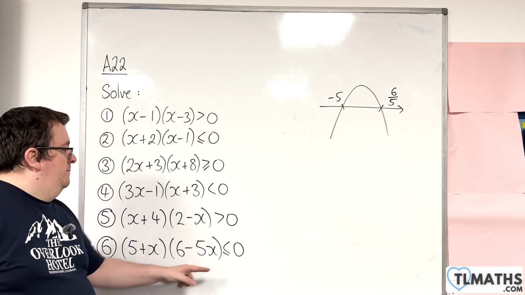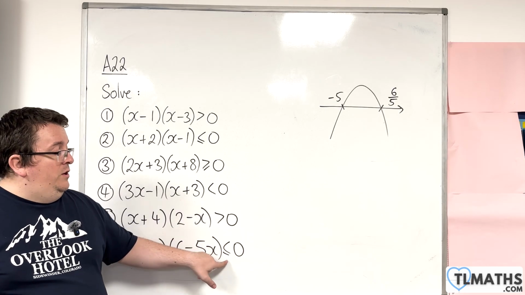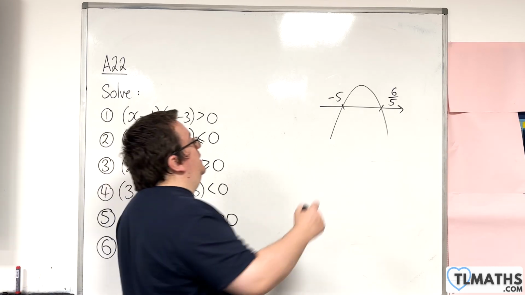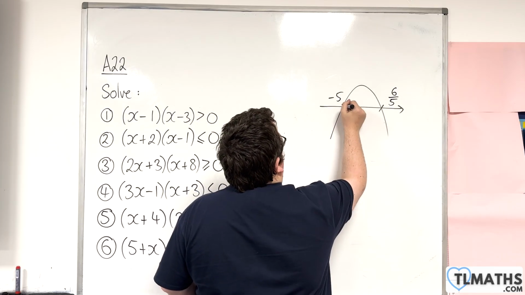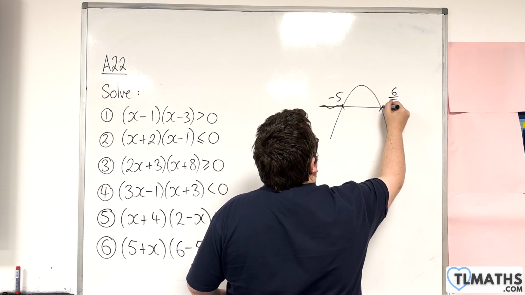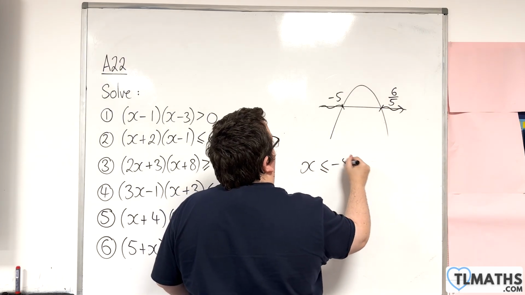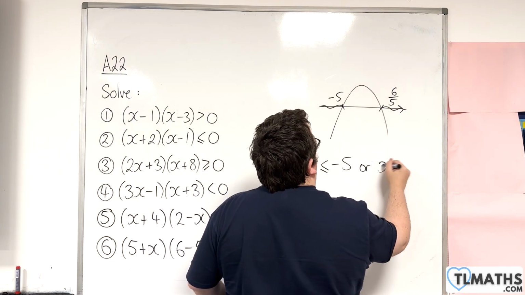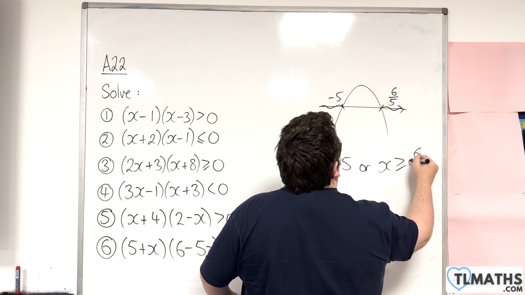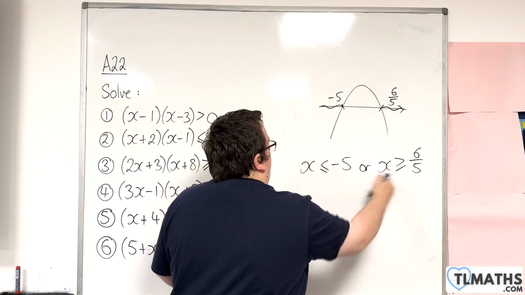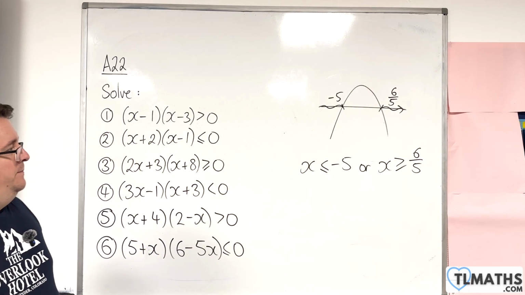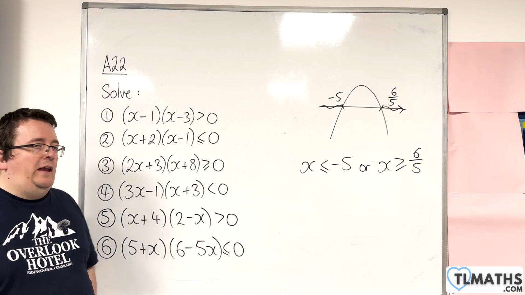Where is the parabola below or equal to the x-axis? So it's below it here and here. So x will be less than or equal to minus 5, or x will be greater than or equal to 6/5. Equality here because there's equality there. And that solves those 6 inequalities.